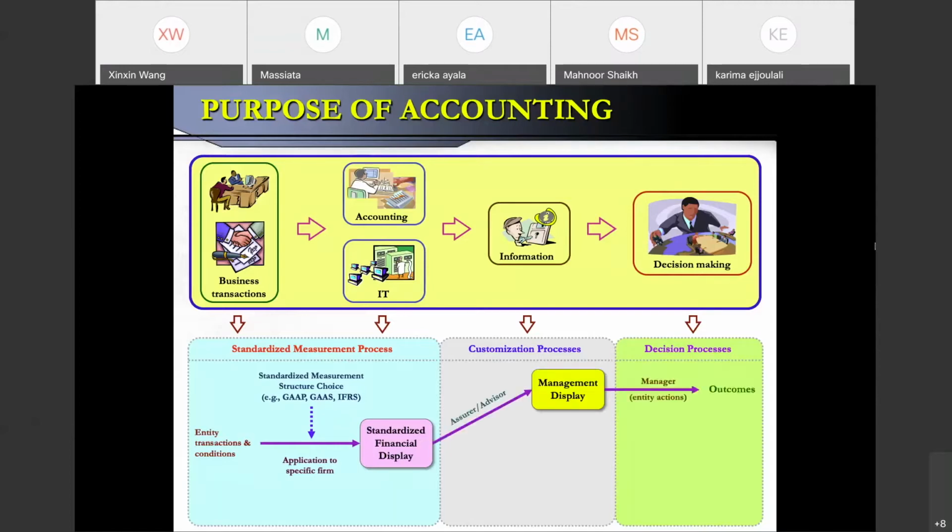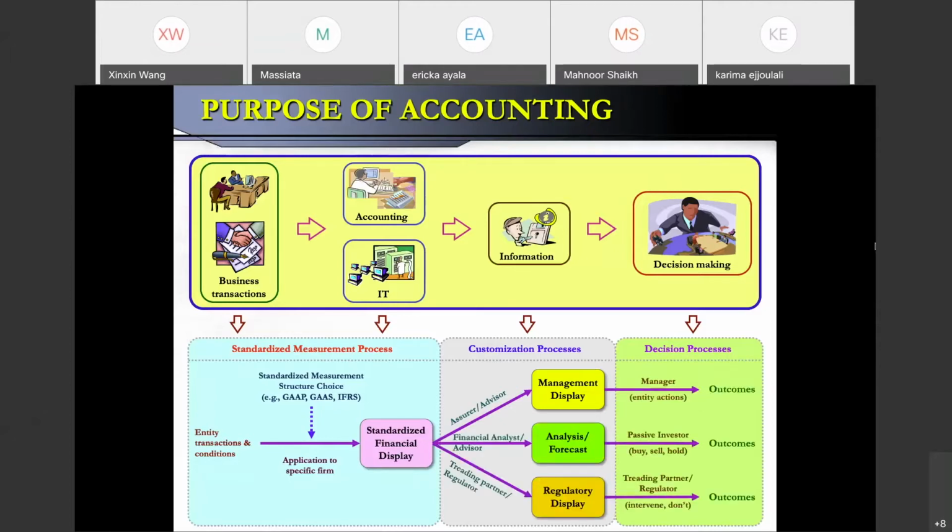Well, the same piece of information might be presented differently because the users are different, right? There are many ways to present your information. It's very similar to a class presentation: you can use PowerPoint, some other people can use a video, some people can use Prezi.